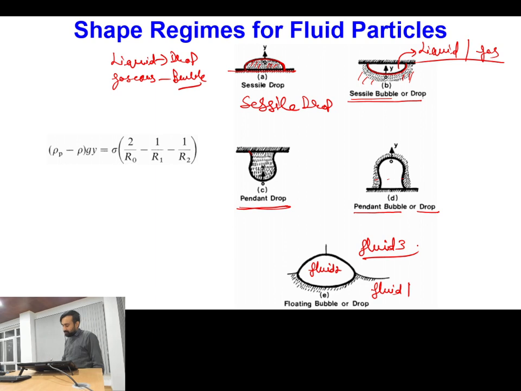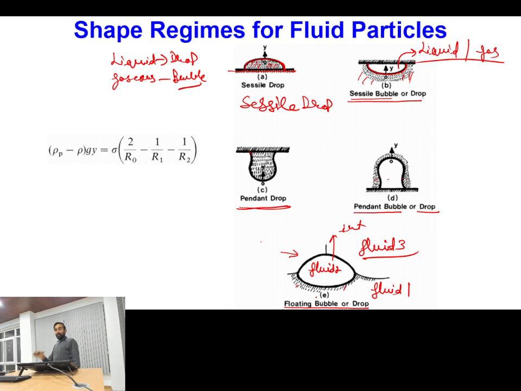Here you can see this is fluid 1 of highest density, then another fluid of intermediate density is resting over this, and then the third fluid is in the surrounding, which is of lighter density. So here you will have a shape something like this. This is called a floating bubble or drop. If inside this you have gas, then it will be a bubble. If it is liquid, then it will be a drop.